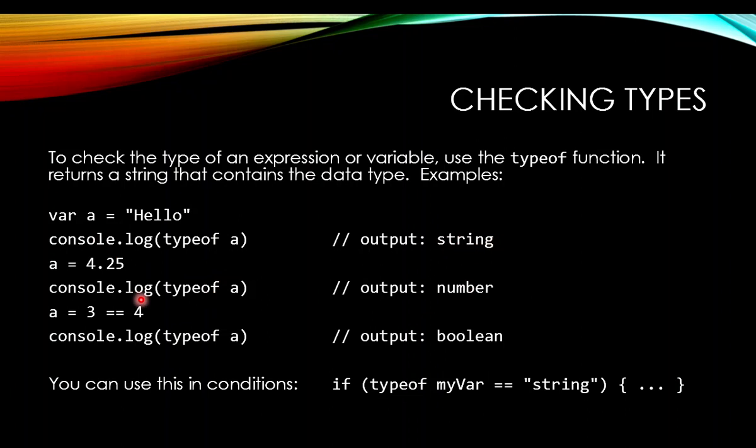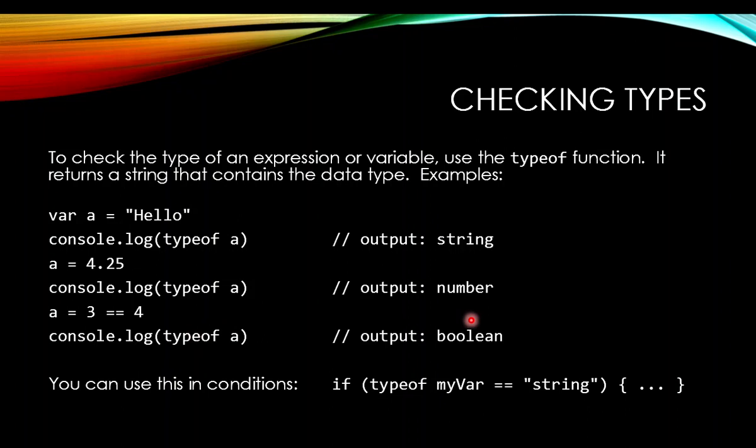Now, if we do this weird Boolean thing that I was mentioning where we say a equals 3 == 4, how do you interpret that? Well, this has a higher precedence, so it will check whether 3 is equal to 4 first, and that turns out to be false. 3 is not equal to 4. Therefore, a is a Boolean variable that's going to have a value of false. And so since a is a Boolean, we ask, what is the type of a?